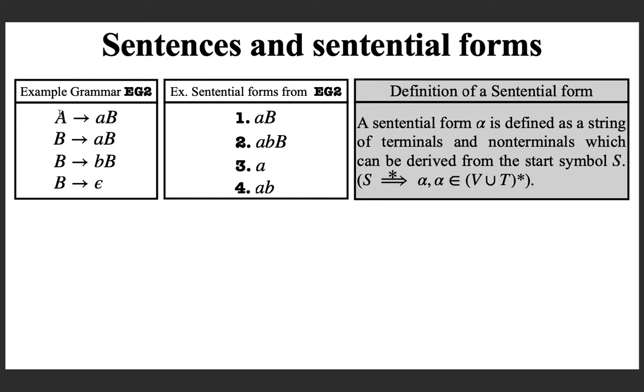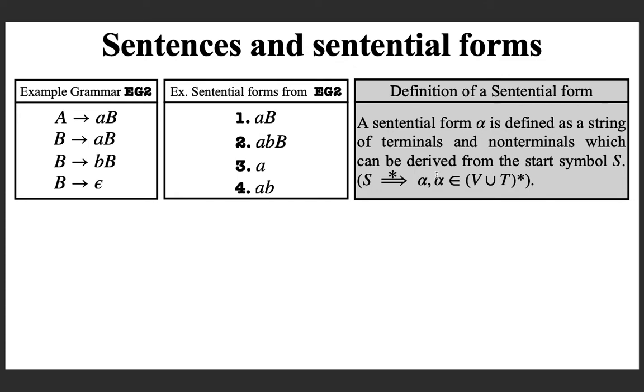If you start from capital A, applying this production, you will get small a followed by capital B. Then if you apply the last production for B, you will just replace capital B with epsilon, and that will allow you to derive a followed by epsilon, which is nothing but a. You can verify in every other case, each one is a sentential form by this definition.